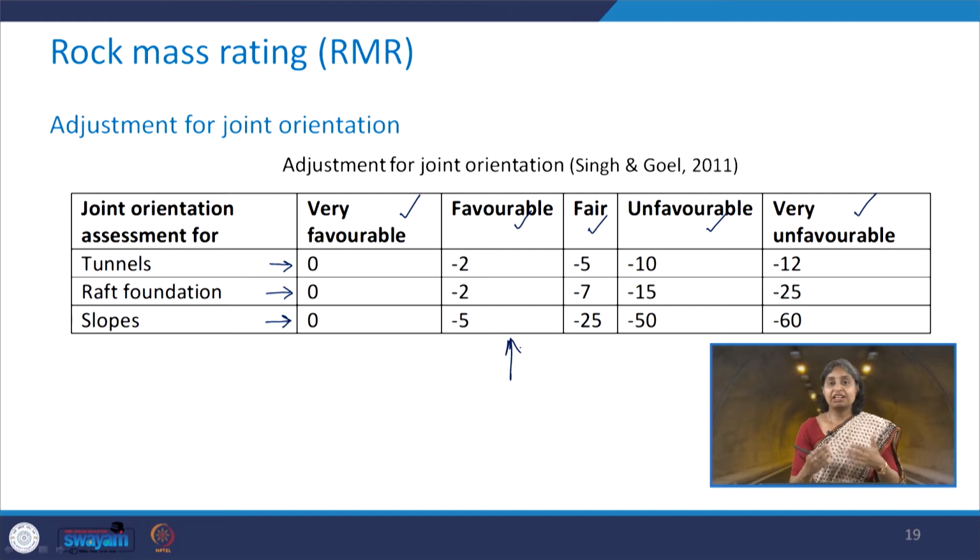Then what should be the next step? We already have the RMR basic with us. Now we pick the rating for the adjustment of joint orientation from this table, and we apply this adjustment to RMR basic to get the final value of rock mass rating.